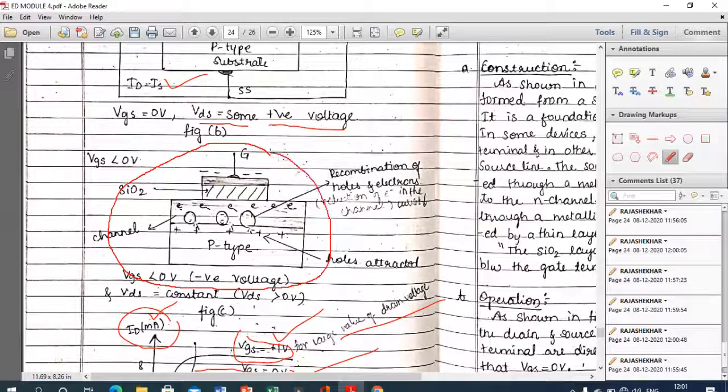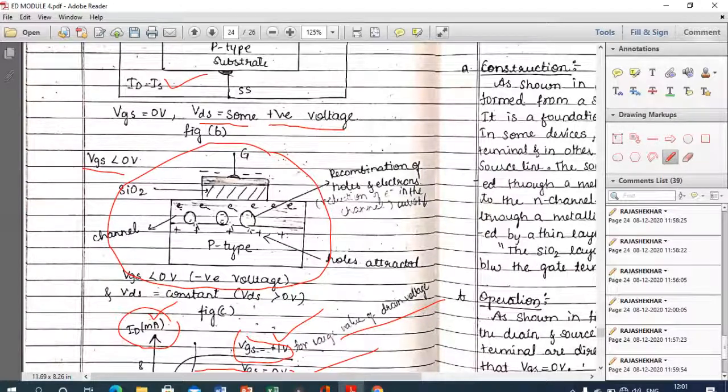So what happens if we select a negative potential at the gate terminal? What happens to the electrons in the channel? What happens to the holes present in the p-type substrate? Now look at this. Assuming the gate is at negative potential, because I have taken VGS less than 0 volts, the negative potential is shown with the negative sign here.